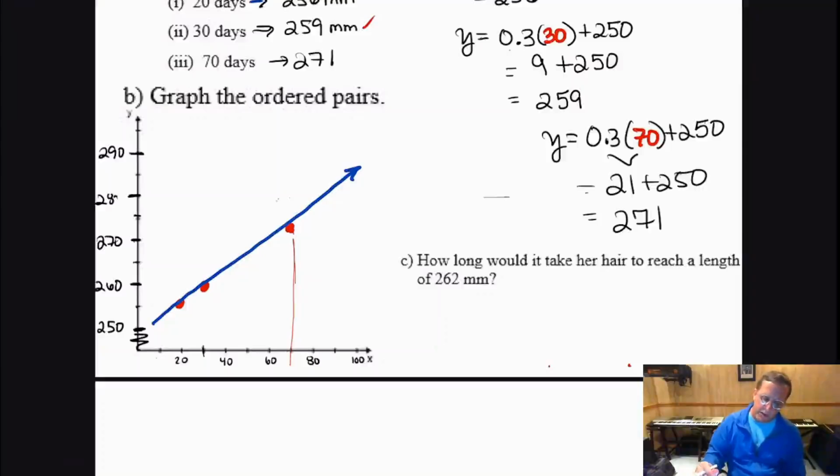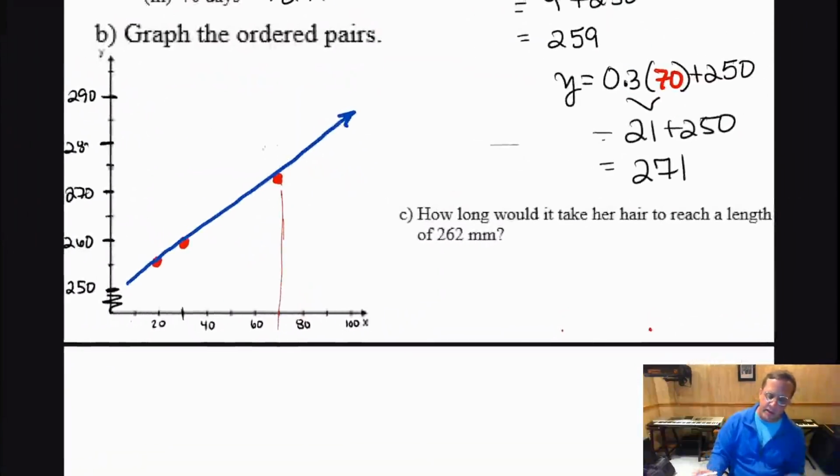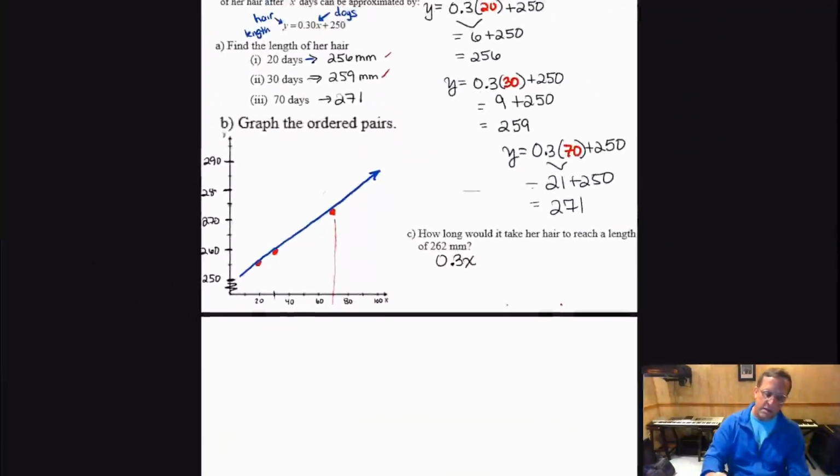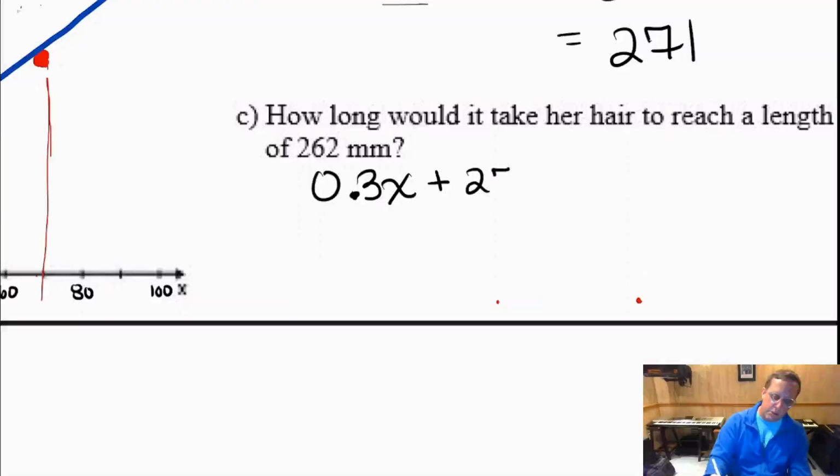All right, so for C, we've got how long will it take her hair to reach a length of 262? So now that's basically starting with a y. We're going to do 0.3x plus 250 equals y, because that's the equation. So we're going to use 262 because we have the y right here.